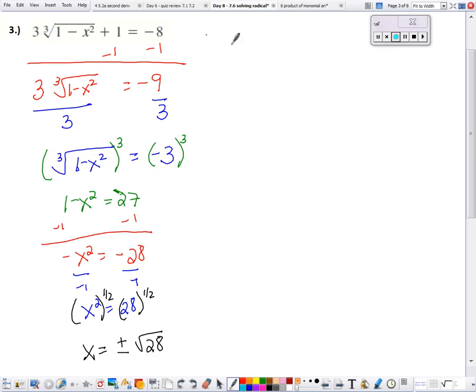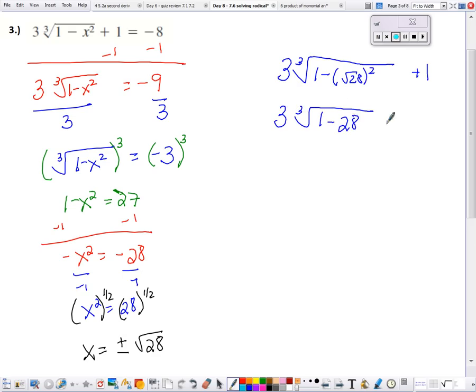So to check, I'm going to start with positive root 28 squared plus 1. Now when you square the square root, the radical disappears. 1 minus 28 is negative 27.